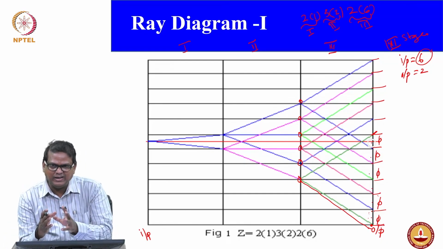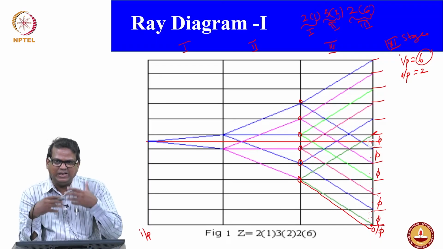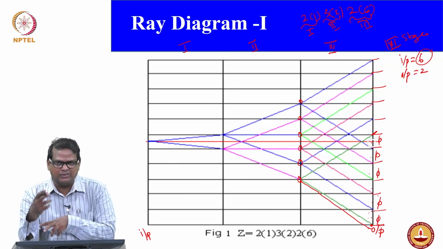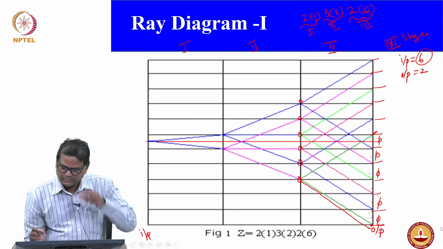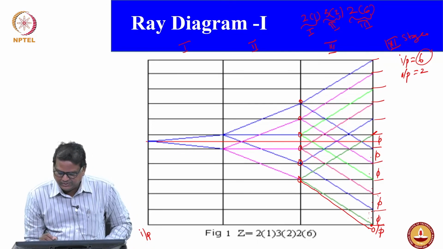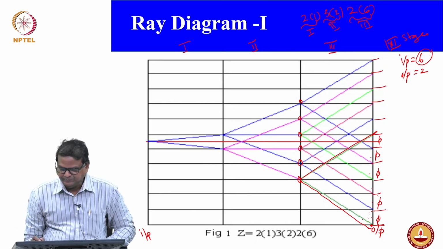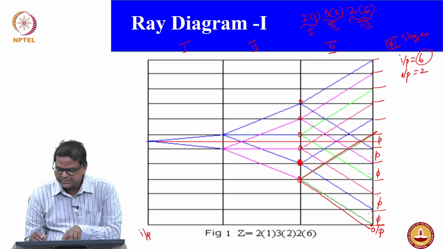It not only indicates the number of input speeds, it also indicates the difference between two outputs. Similarly, this other input will again have 6 outputs.